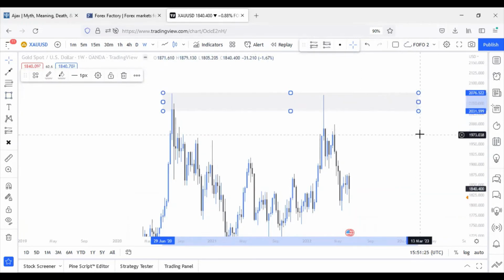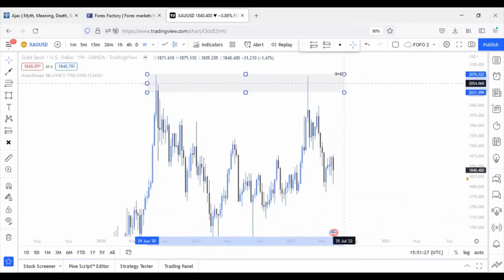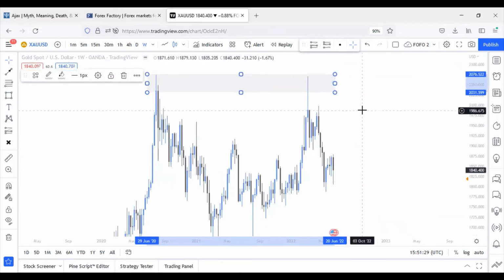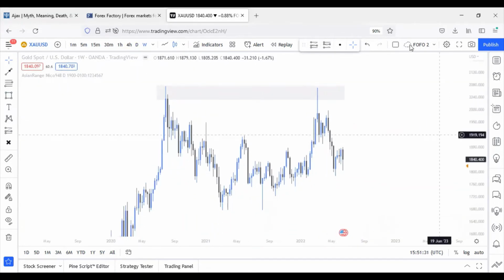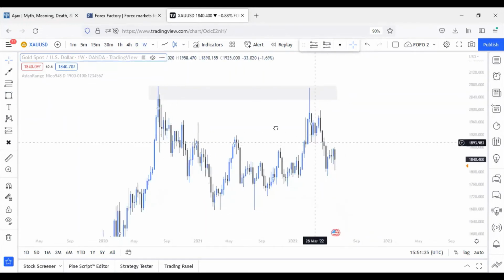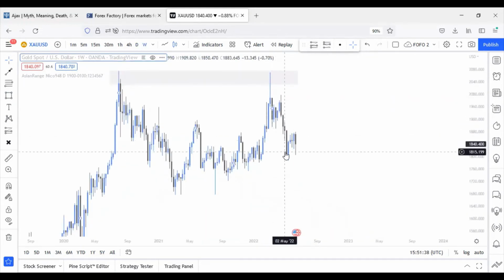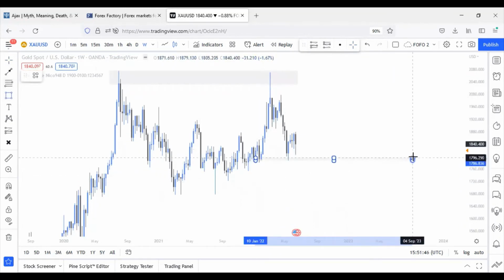Again, terms like inducement, how to identify them, all of that, I won't really go into detail on all of that here because again, that would not be fair. Right, so we see this massive sell to the downside on the weekly, but at the same time, we have seen a mitigation at this point.